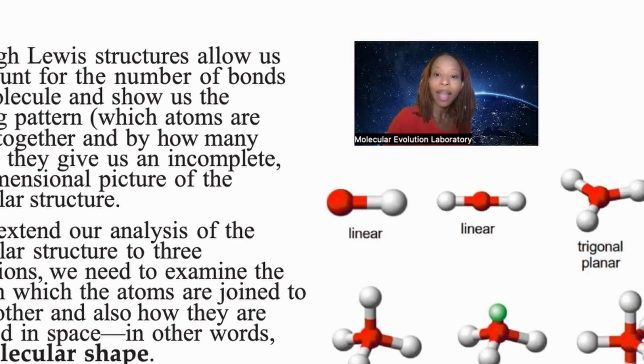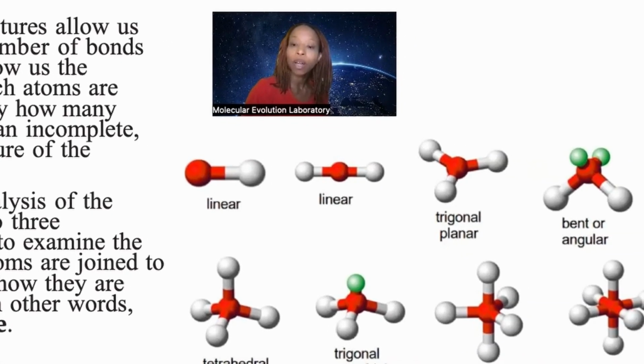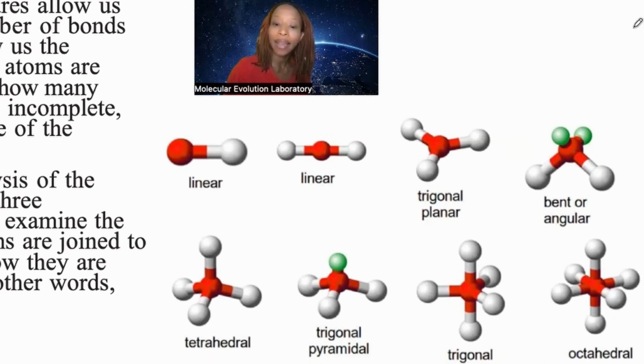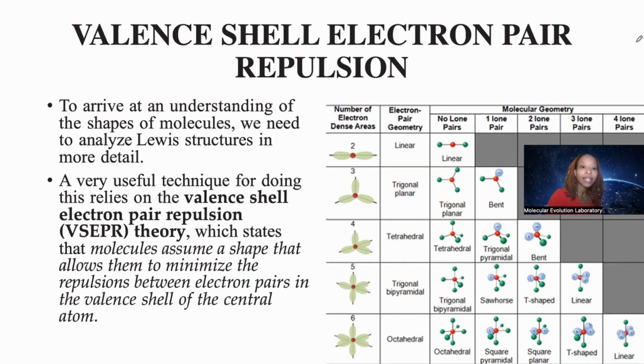In other words, you need a molecular shape. The shape can be linear, trigonal planar, bent or angular, tetrahedral, trigonal pyramidal, trigonal bipyramidal, or octahedral. To arrive at an understanding of shapes of molecules, we need to analyze Lewis structures in more detail.